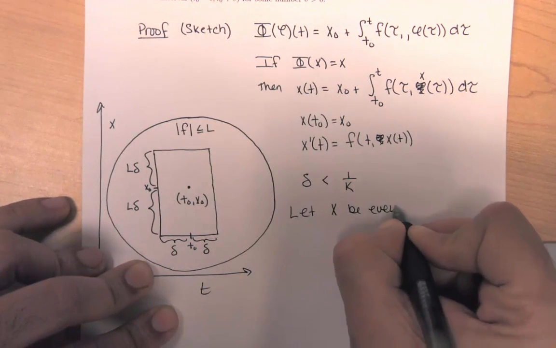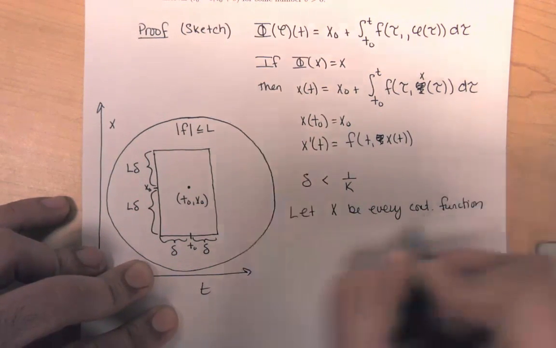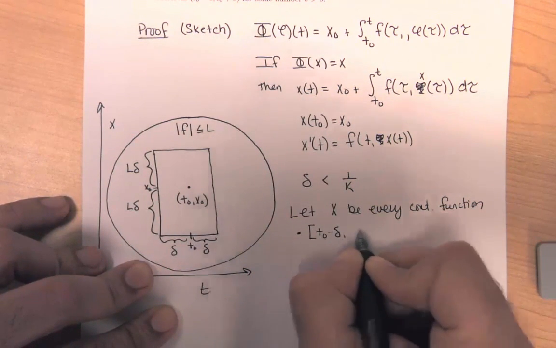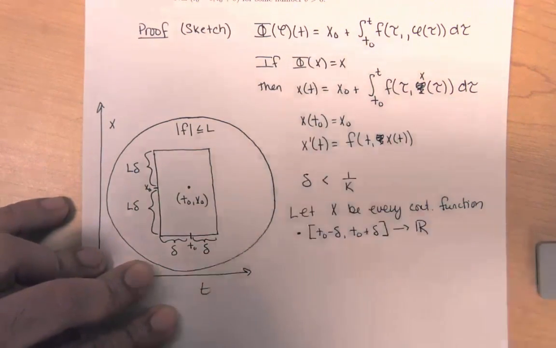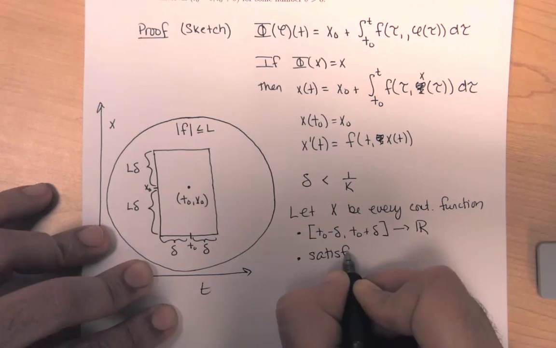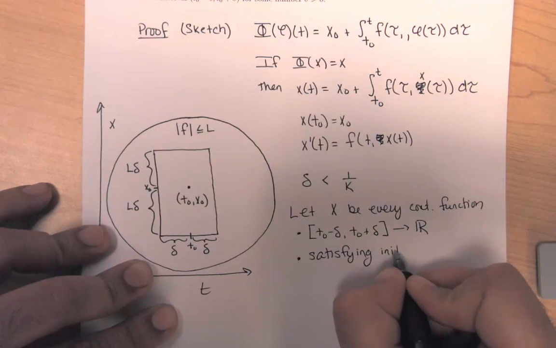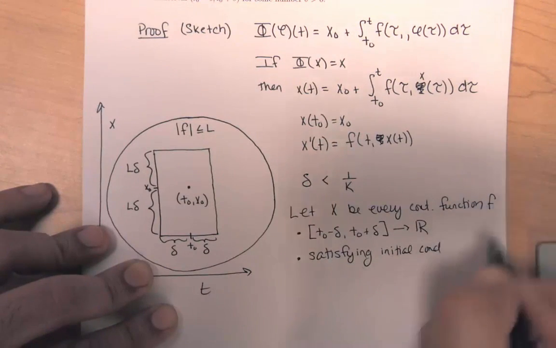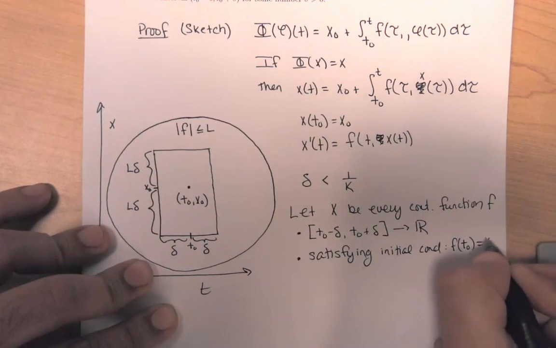So then let x be every continuous function from t naught minus delta to t naught plus delta to R, satisfying an initial condition. So if x is every function, that means g of t naught equals x naught.